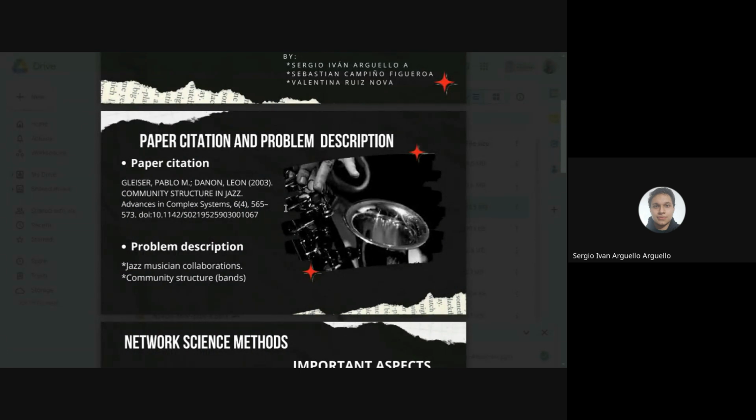Okay, the problem description. The problem is addressed in order to understand social interactions and collaborative patterns in the history of jazz music. In the article, they focus on collaboration networks within the context of jazz.